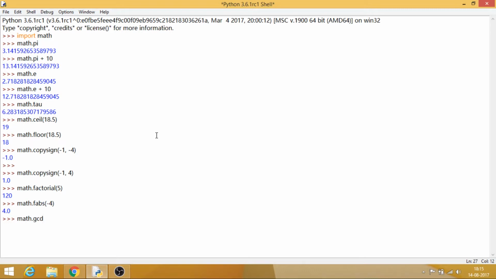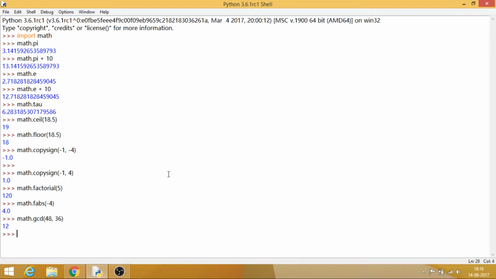GCD is known as the greatest common divisor, and GCD over here takes two parameters x and y, and it will compute the greatest common divisor of the two numbers. So let's say 48 and 36, and it should be 12. So the GCD is 12. Yeah, it works. These were some basic functions.